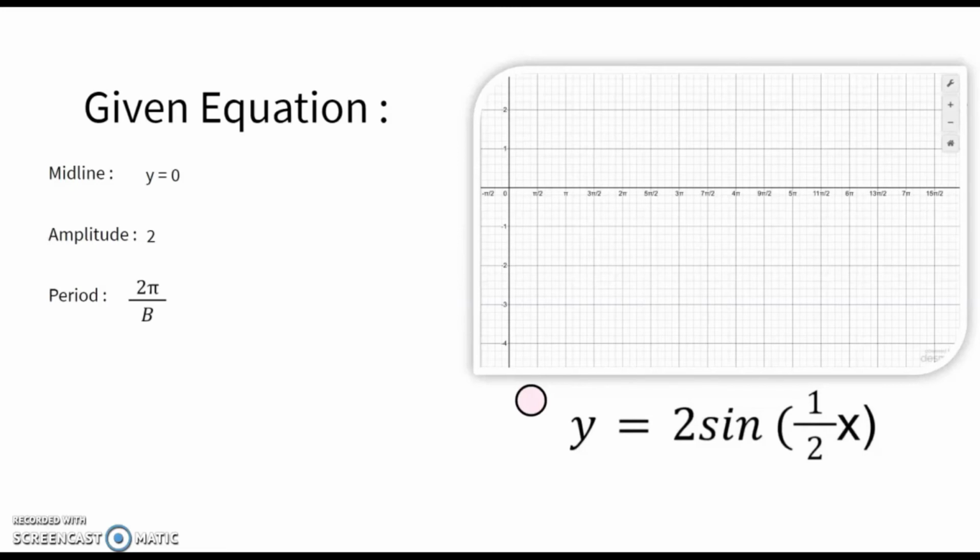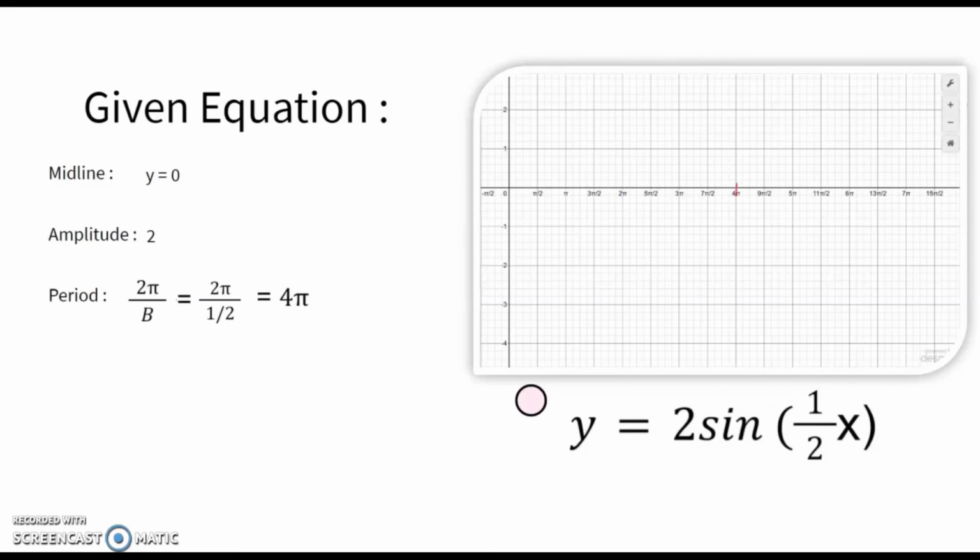So you plug it in, 2π divided by 1/2, and you get 4π. So you can graph a point at 4π, which indicates a full cycle, or a period. And then you can graph one at 2π to indicate where to graph a maximum and then a minimum.